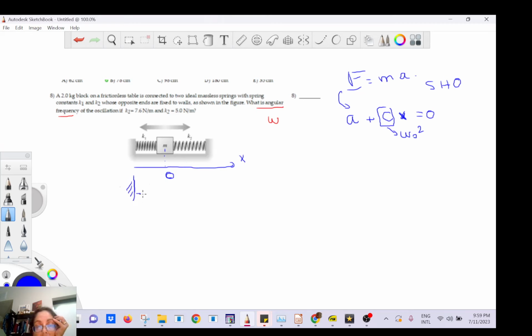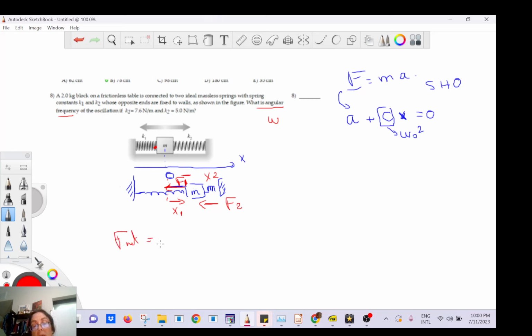So the net force equals minus K1 X1, because if you pull the mass in this direction, that spring wants to bring it back this way, and this one is also pushing to the left.